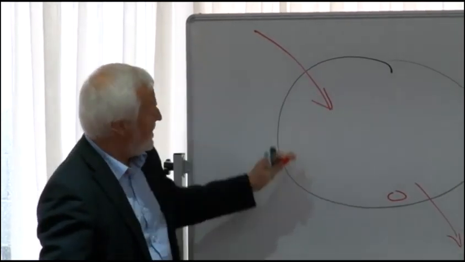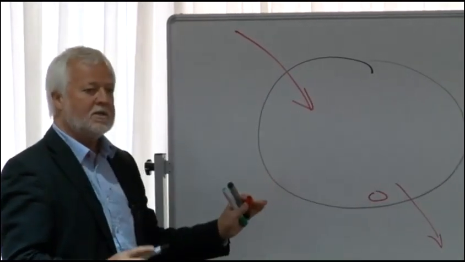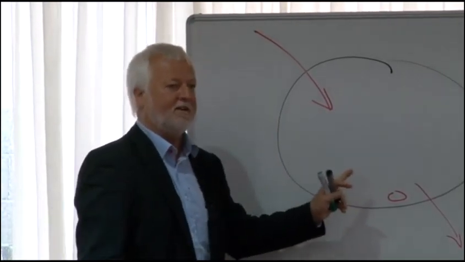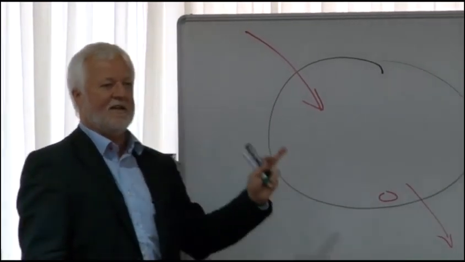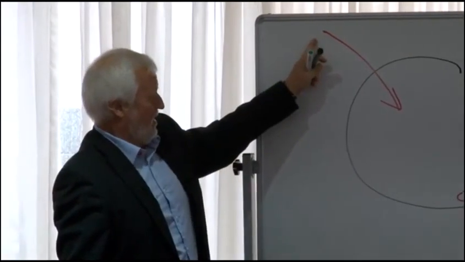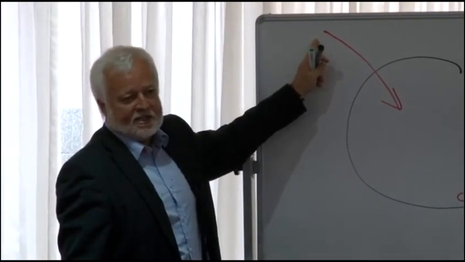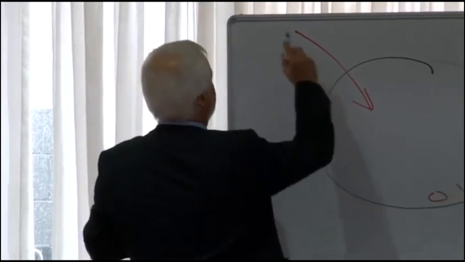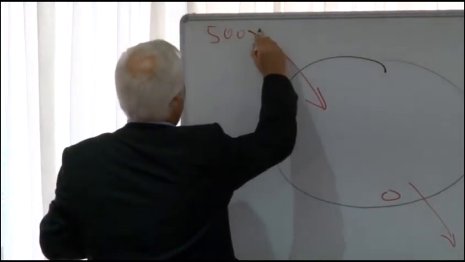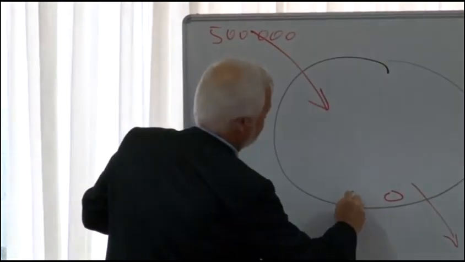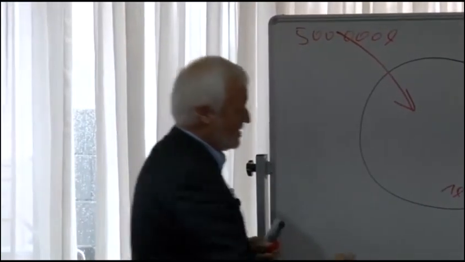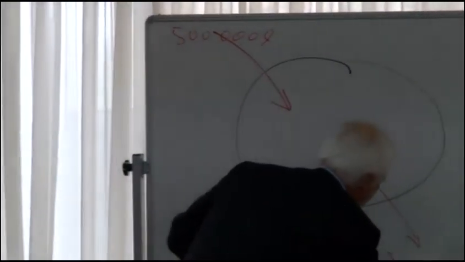However, here in between, our system is not able to accept more than 1 liter of acid in total. So if we ingest a normal Western diet, we have 500,000 liters here. This is 1 liter. And of course, these 500,000 liters must go out here.